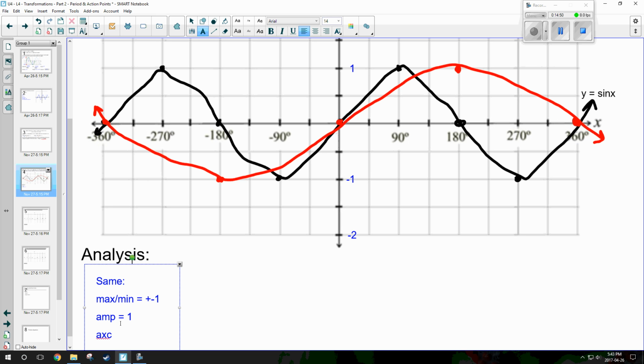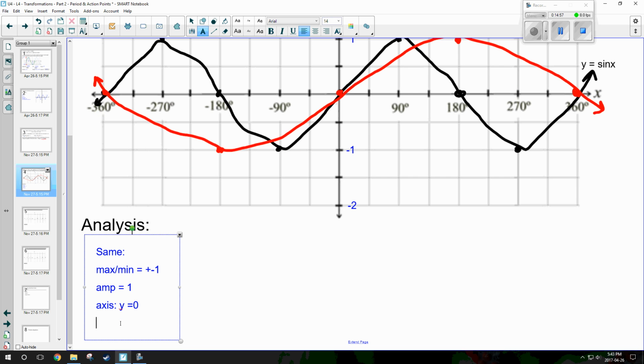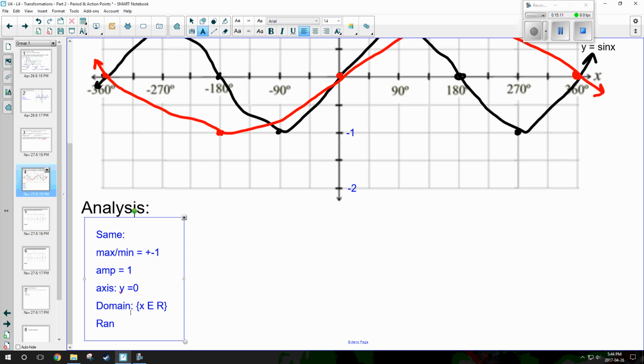Our axis of our curve is still the same. It's still y = 0. Because our arrows continue on in both directions, our domain is still the same. So it's still x is in the reals. And because our maximum and our minimum are the same, that means our range is also still the same.